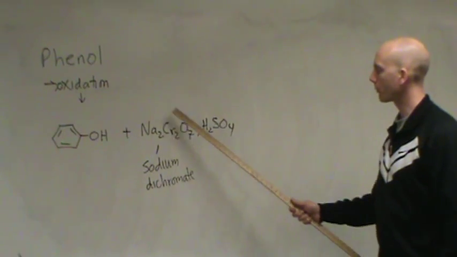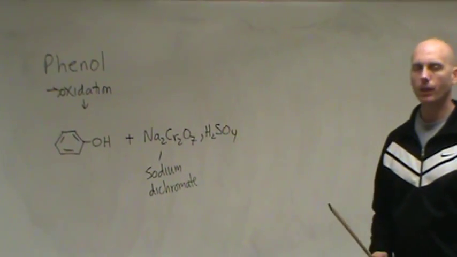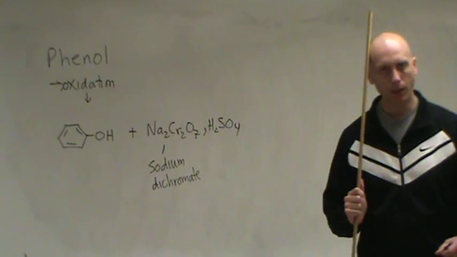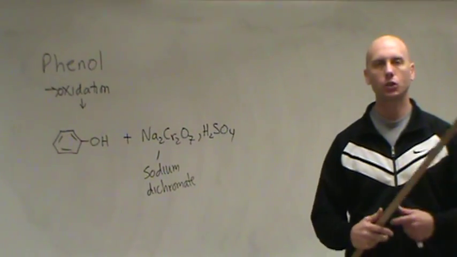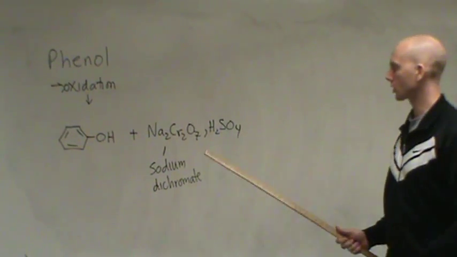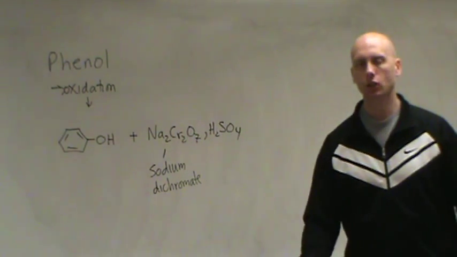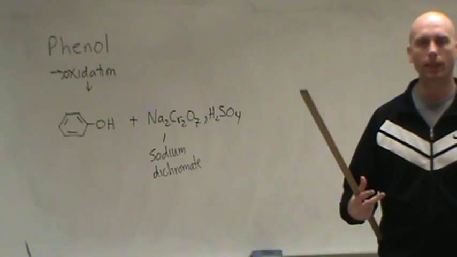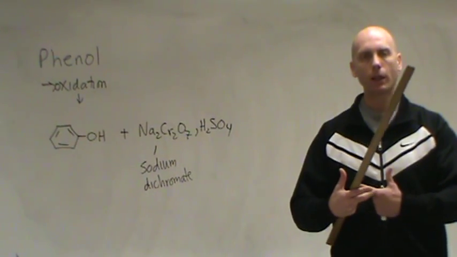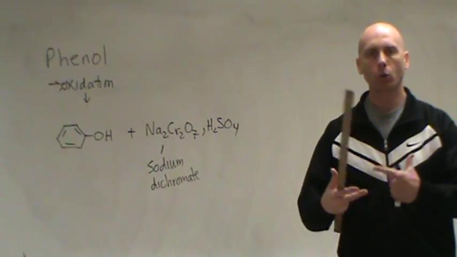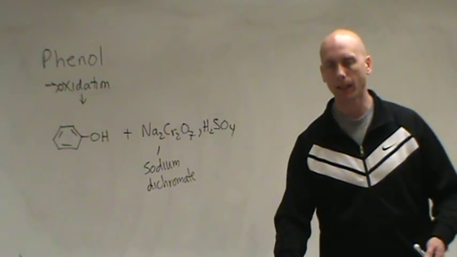Anytime you see a chromium, okay, whatever kind of compound, should always be a tip-off that that is an oxidizer. It's going to oxidize. And sulfuric acid is also a good oxidizer. So when I oxidize something, what does it do? It either what? Adds double bonds or oxygen to the molecule.